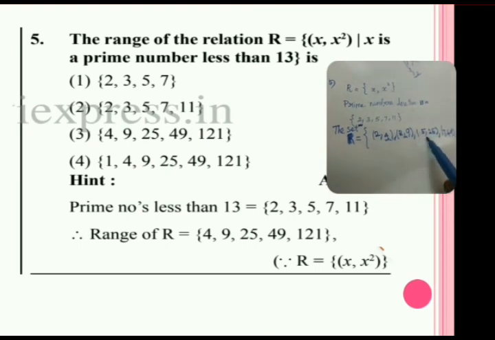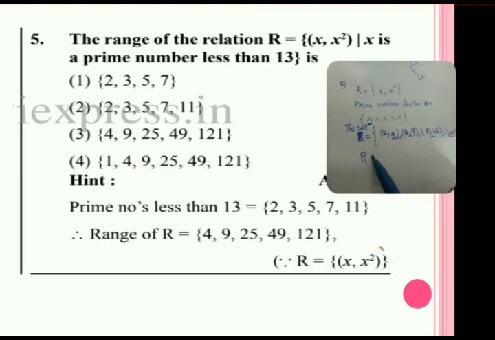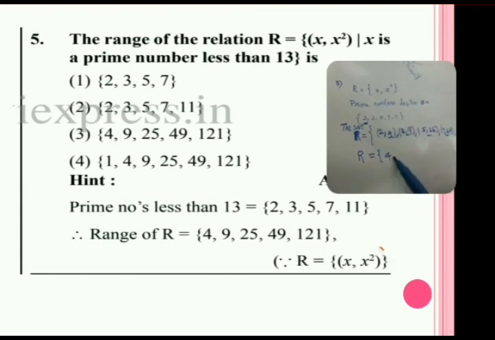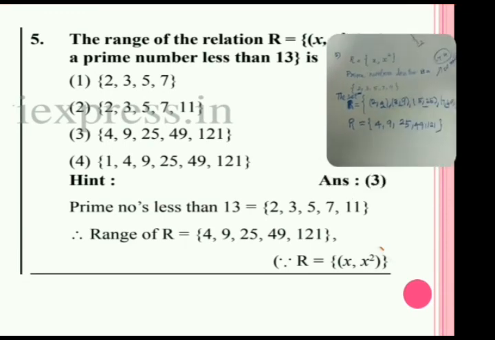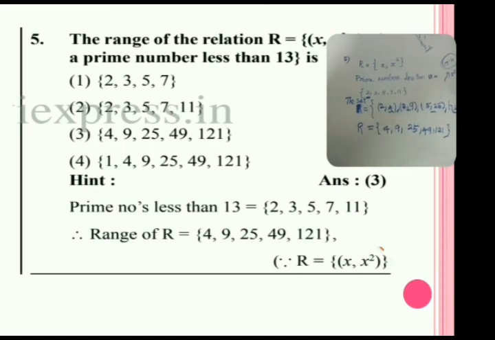So every output is called the range. Therefore, the range R is equal to {4, 9, 25, 49, 121}. So the correct option is option 3.